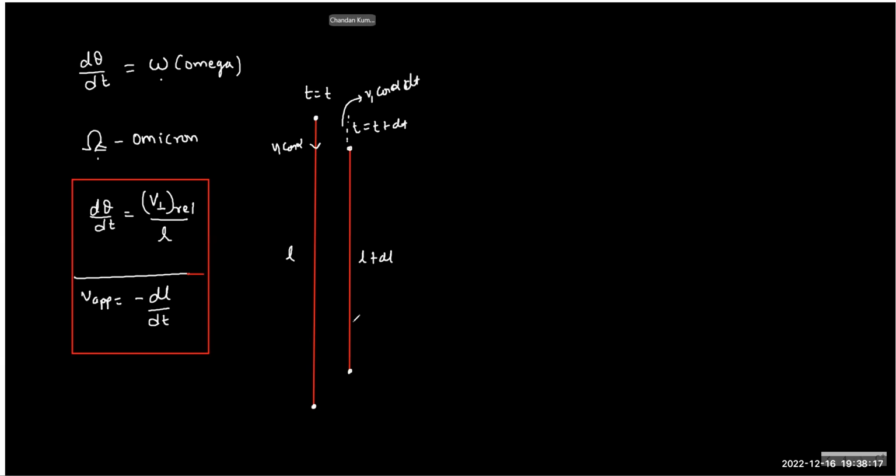Cos alpha dt. And this will travel how much? V2 cos beta dt, isn't it? Yes, sir. So can I say, this is common sense: V1 cos alpha dt plus L plus DL plus V2 cos beta dt equals L. Can we write like this?